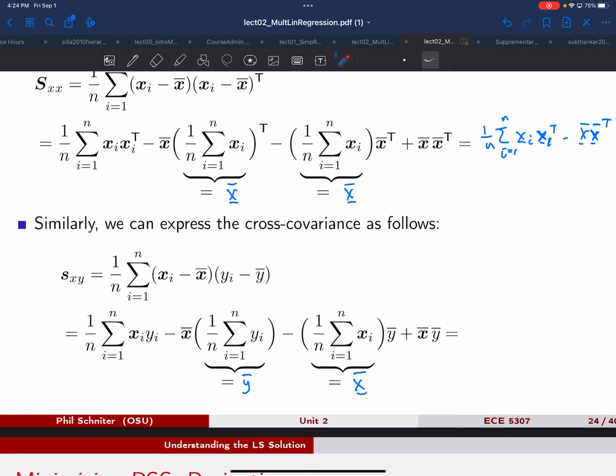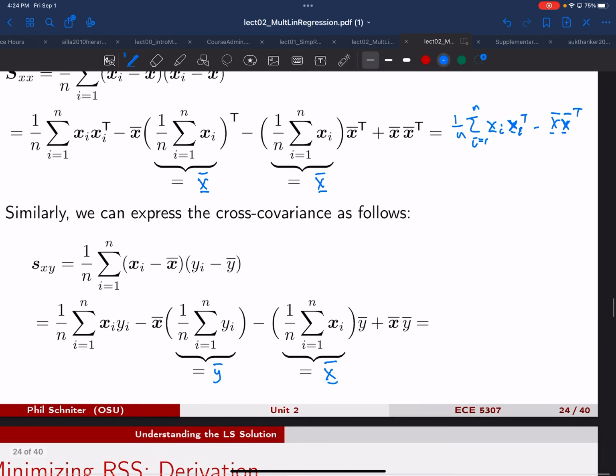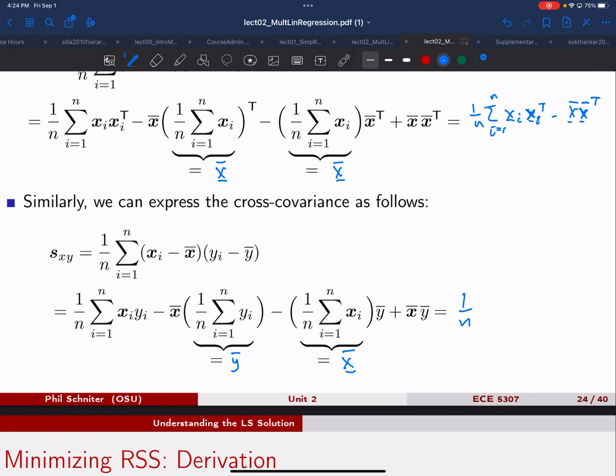And so the last three terms are x bar, y bar. And so two of them cancel, and we get the sum minus x bar, y bar. Okay, so these are just useful things that we can use in the derivation coming up.